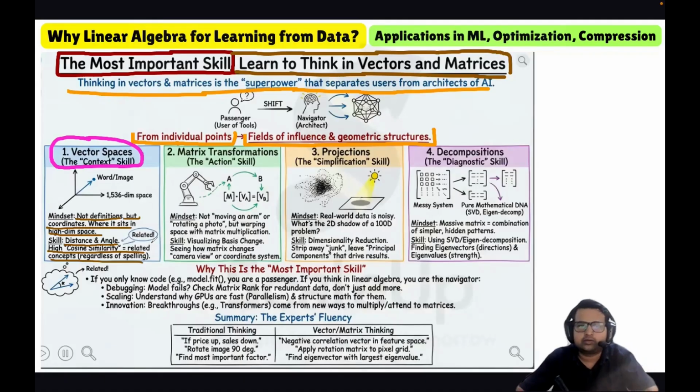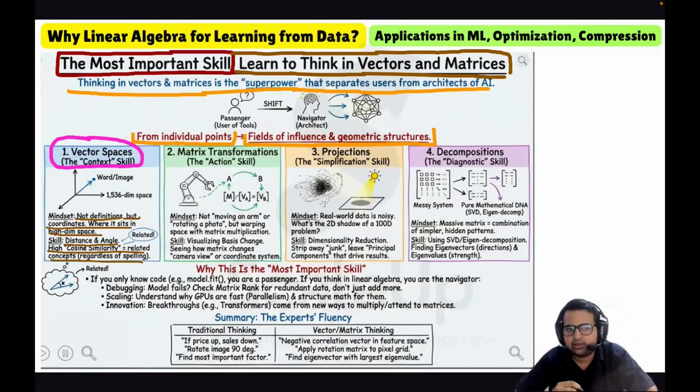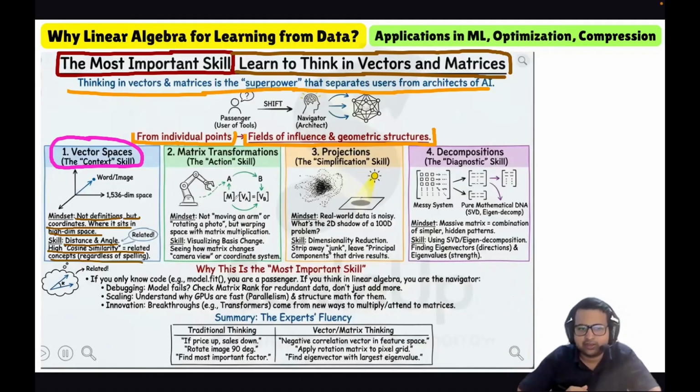So if we think of the data in terms of vector spaces, we are not talking about the numbers or the definitions, but the coordinates, where the data is sitting in high dimensional space. We can use distance and angles to calculate cosine similarity, and if two vectors have high cosine similarity, it means they are related concepts regardless of the spelling.